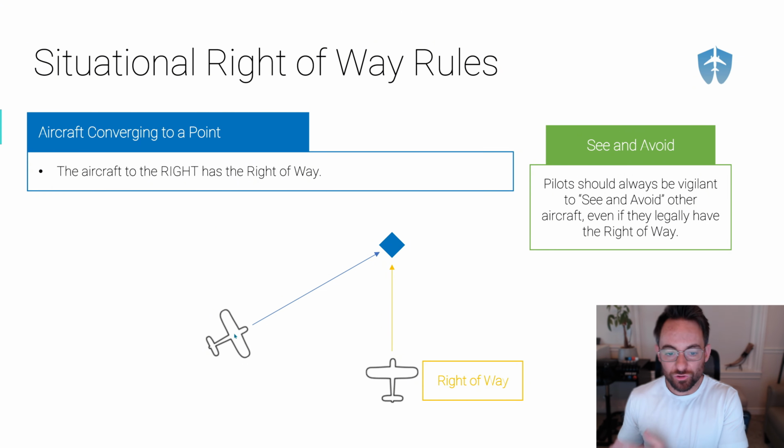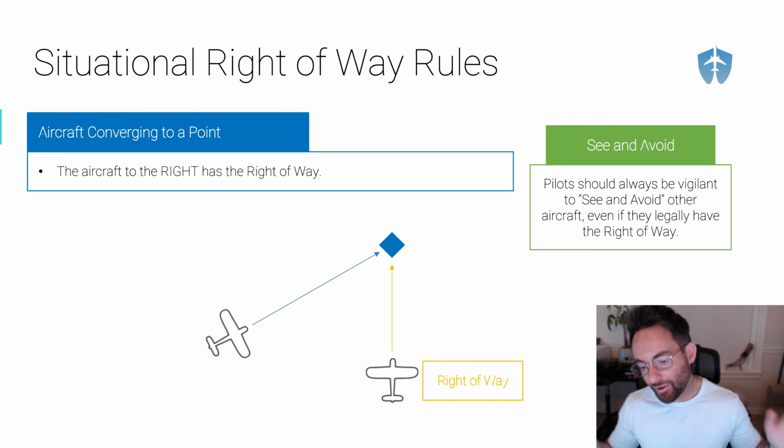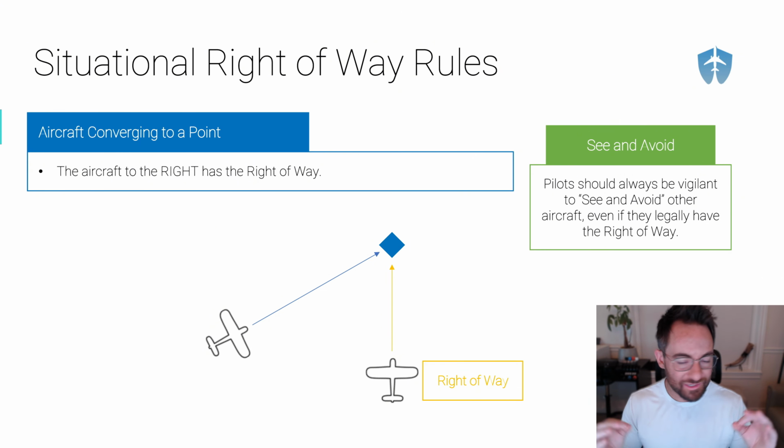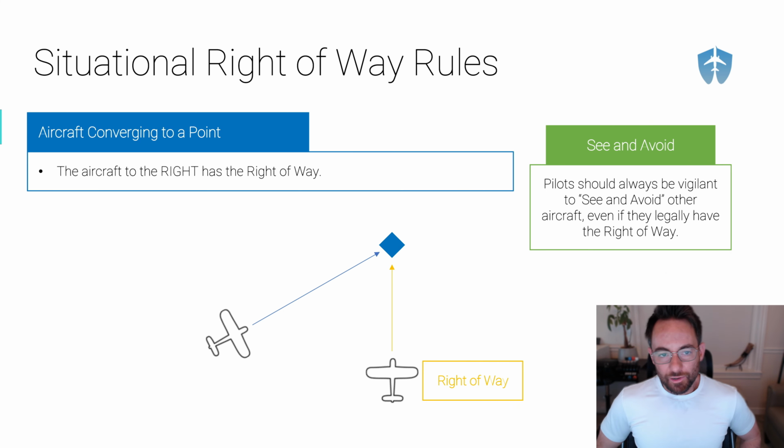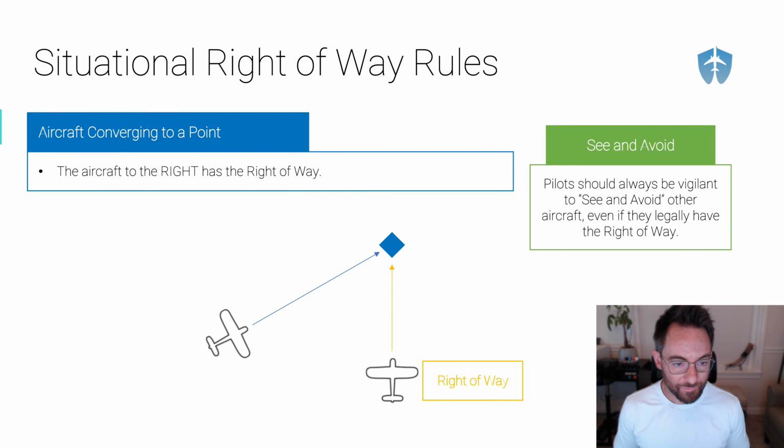They might not even know that you're there. So you can't just continue on and say, oh, well, I had the right of way. Yeah, maybe, but you should also be seeing and avoiding. So if you see them, avoid them, even if you have the right of way. And that's just a general rule throughout this entire lesson, throughout your entire flying career that you should remember.